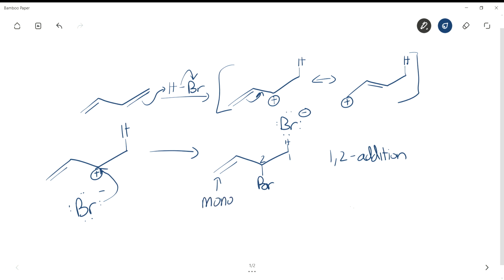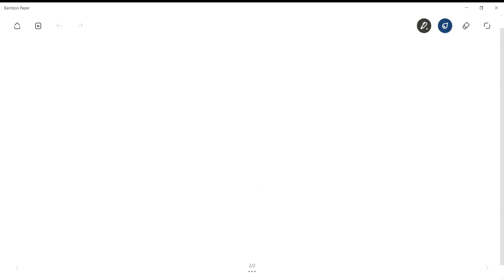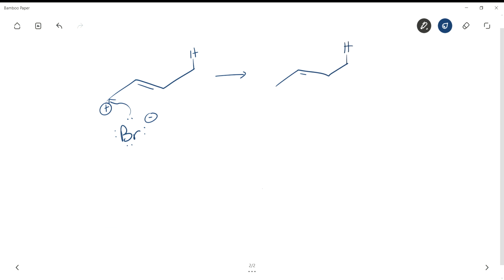mono-substituted. Okay, let's take a look and see what happens when we react the primary carbocation with the Br minus. So now we're going to have Br minus attack the primary location, and you are going to form this product.